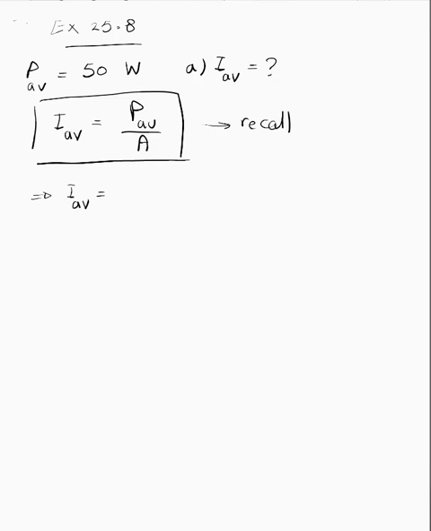In the problem, it says to assume that 5% of the electrical power consumed by the bulb is converted to light. So not all the electrical power is converted to light, but only 5%. And the distance is given to be 1 meter from the bulb.